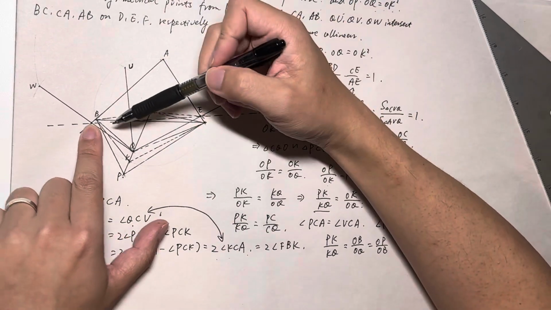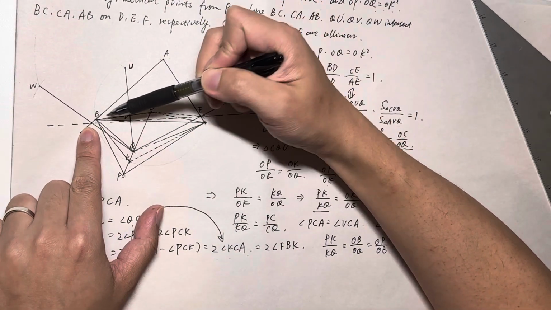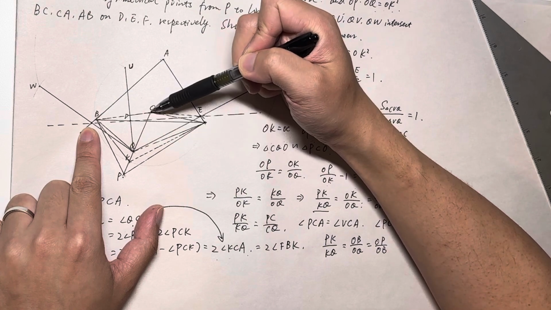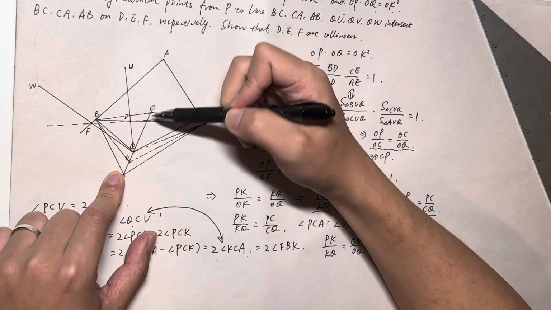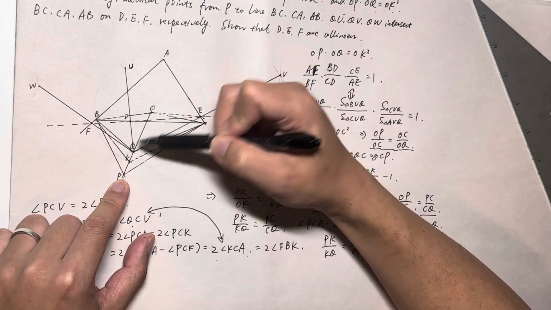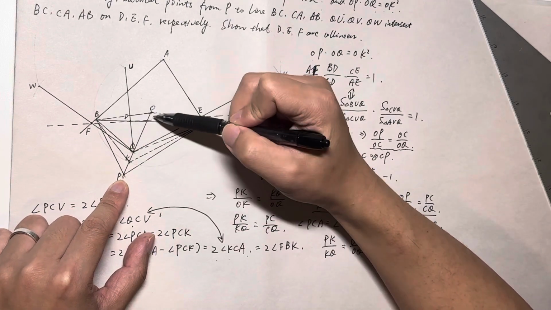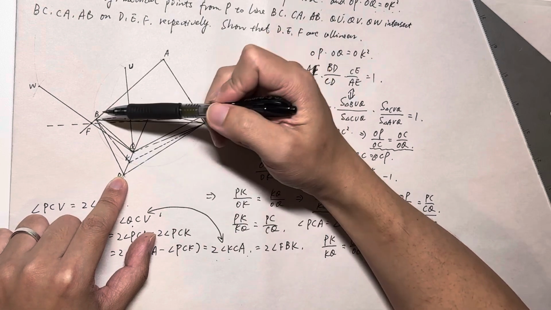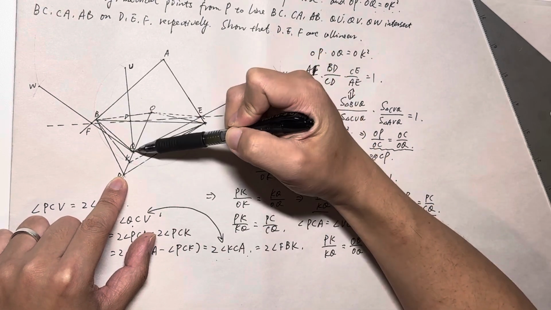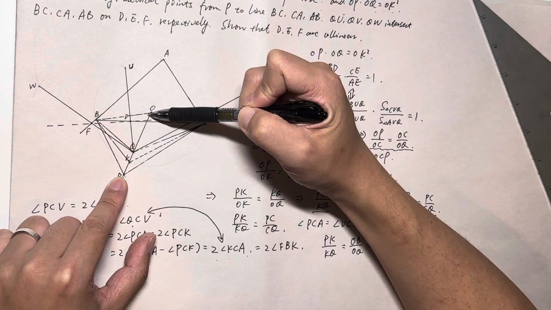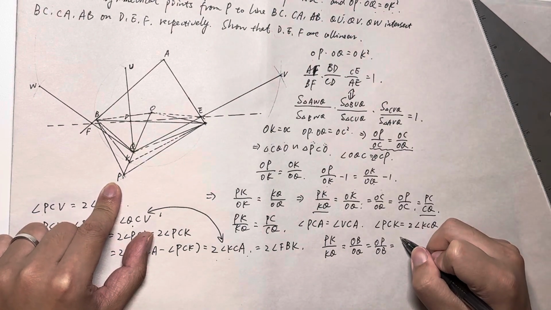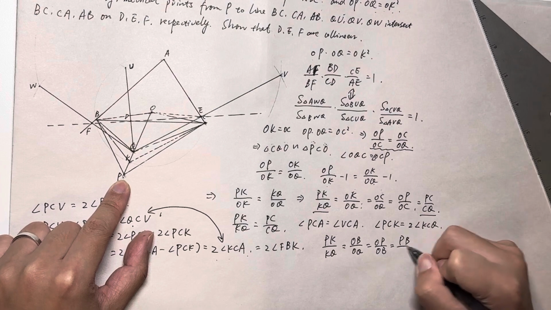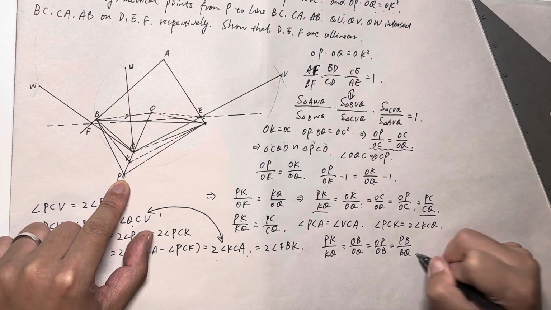So we can also prove that triangle OBQ is similar to triangle OBP, because OQ to OB equals OB to OP, and they share the angle BOQ, right? So it equals PB to BQ.